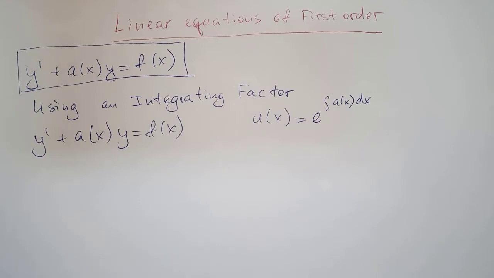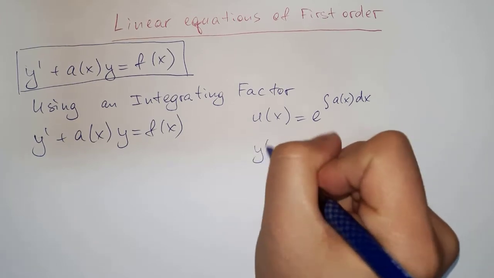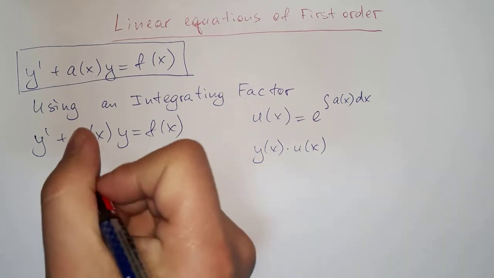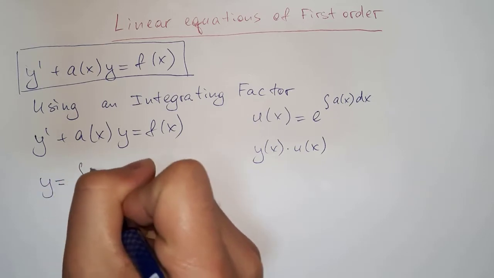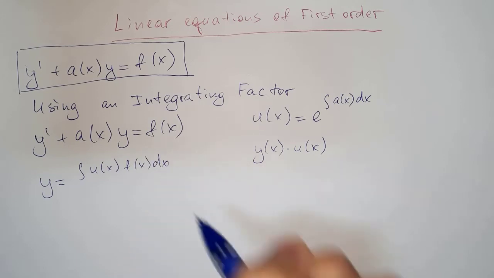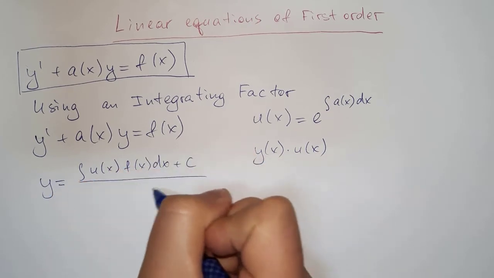If we multiply the left side of the equation by the integrating factor u(x), it converts the left side into the derivative of the product y times u(x). And the general solution of the differential equation will be y equals the integral of u(x) f(x) dx plus any constant, over u(x).